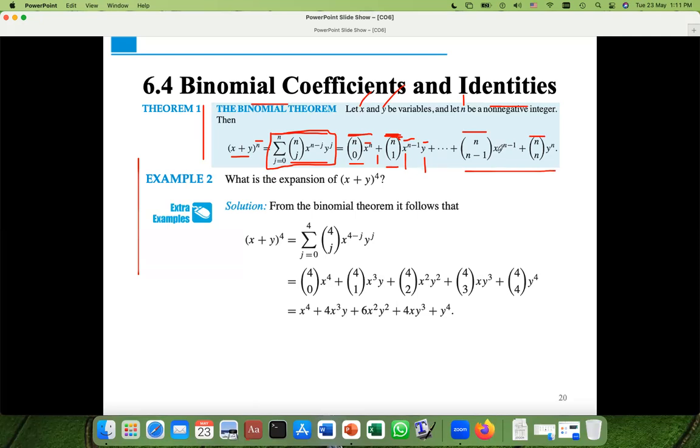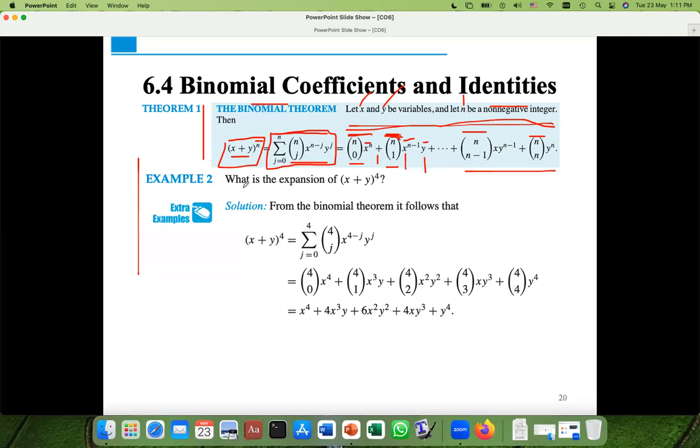These are the coefficients of x and y variables. And this whole thing is called the expansion of this left hand side. What is this whole thing called? Expansion, whatever you want to say. Expansion of this left hand side.